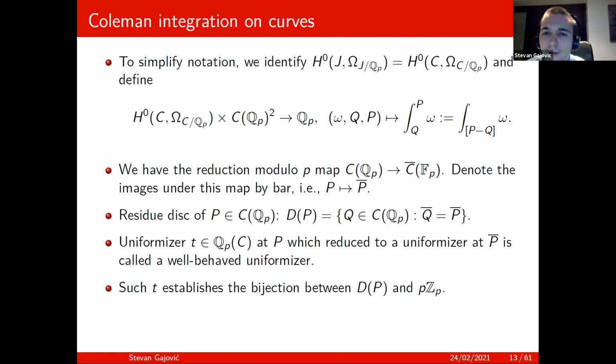Here we will use the same strategy. We will often look at the reduction of our curve modulo p. And of course, if the reduction modulo p is empty, then there could not be any rational points. So it's important to introduce the residue disk. The residue disk is the set of all points on a curve over Qp that reduce to the same point.